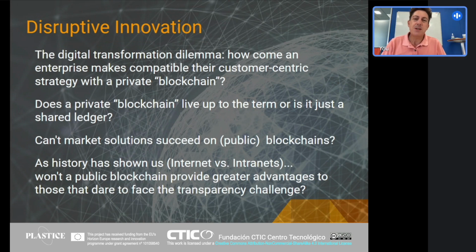Our organization has many years working in IT, and we have seen what happened with the internet. The value of the internet exploded because it was open. Everyone can access the internet, not intranets. You know what I mean? Intranets are good for a club, but businesses are global. So if they are global, they have to use an infrastructure that is global, like the internet.